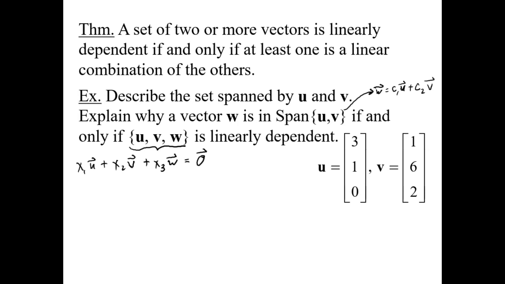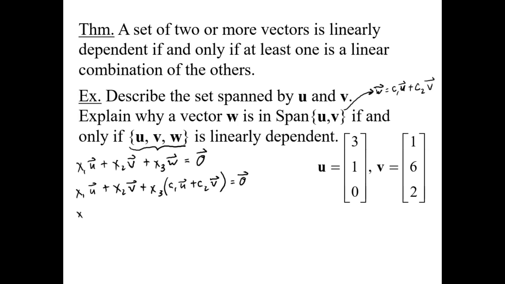Basically the question is, can I find x1, x2, and x3 that will work for this? Let's plug in. So x1 times u plus x2 times v plus x3 times, I'm going to replace the w with c1u plus c2 times v. We are making the assumption that w is a linear combination of u and v, so I can make that substitution.